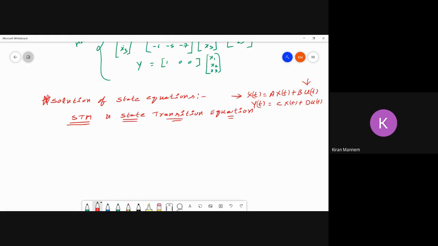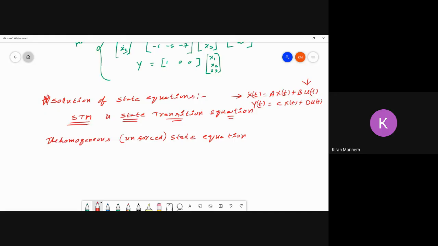So to solve the homogeneous or unforced state equation, right?